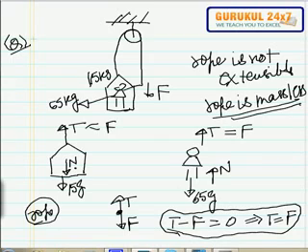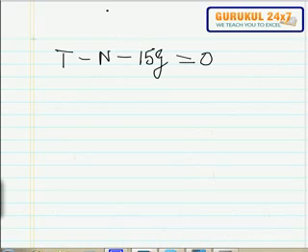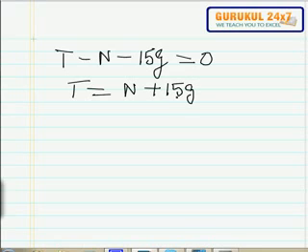This is a reaction from the man. 15g is the weight of the trolley. It is also acting downwards. So all the forces upwards minus all the forces downwards equals 0, because the trolley is not going anywhere. It's at rest. So T equals N plus 15g. But we know T is F, so we can write this as F equals N plus 15g.